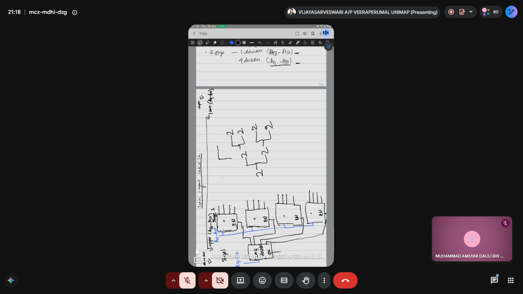Tapi it will be different if let's say I give a different size of decoder number. So let's say I give you, like in your assignment, I give you 3 to 8 decoders. So that will be different. So maybe the number of decoders can be decreased. It might be. Okay. So macam ni yang you kena buat lah. 2, then 2, and 2 again, and multiply.